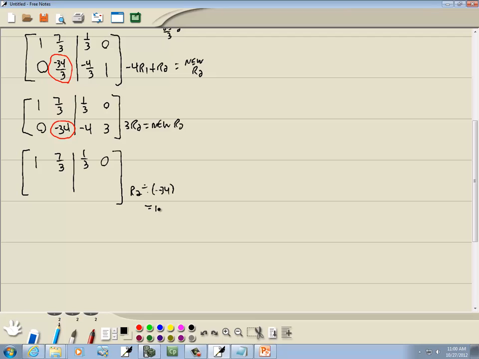And that's going to give us our new row 2. 0 divided by anything is 0. Negative 34 divided by negative 34 is 1. Negative 4 divided by negative 34 is 4/34 or 2/27. And 3 divided by negative 34 is negative 3 over 34.